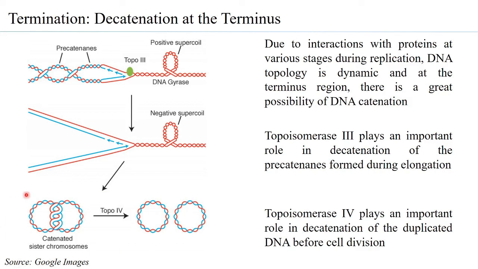So this decatenation process actually is the end of the termination process, and therefore this is a very significant thing that happens to enable termination of replication. So topoisomerase 4 in most of the bacteria is responsible for the decatenation step.